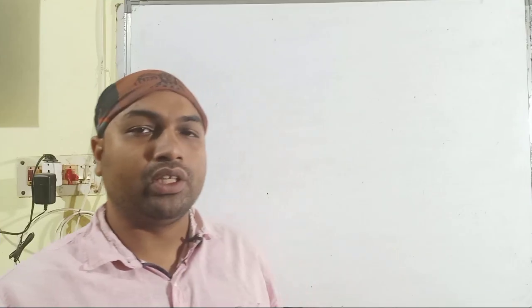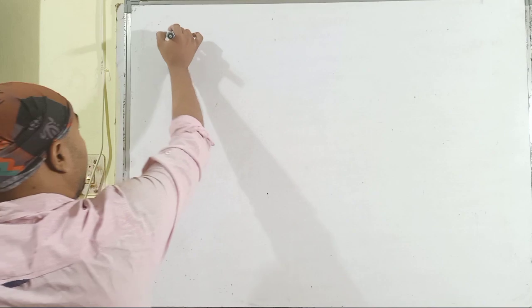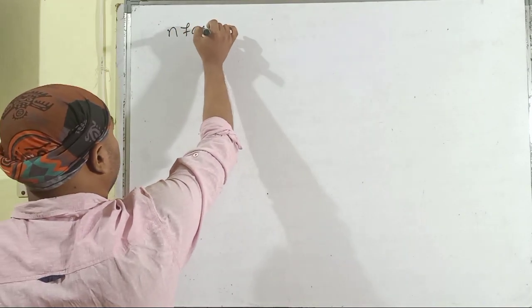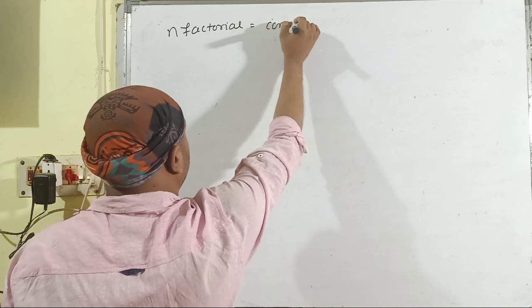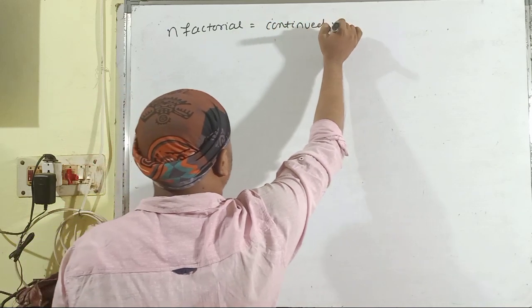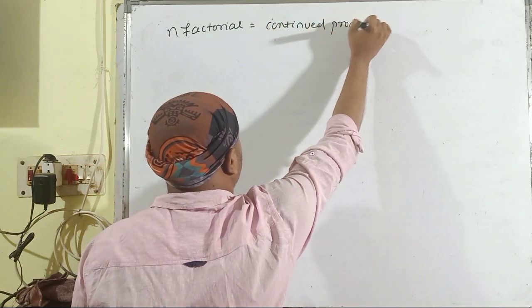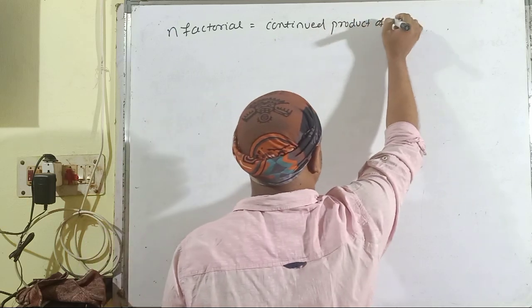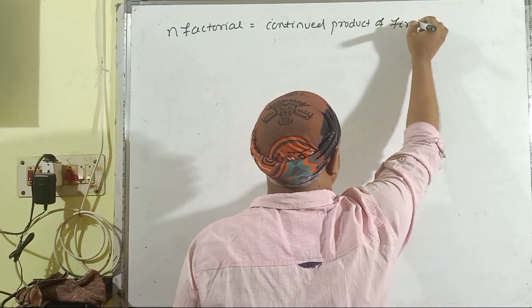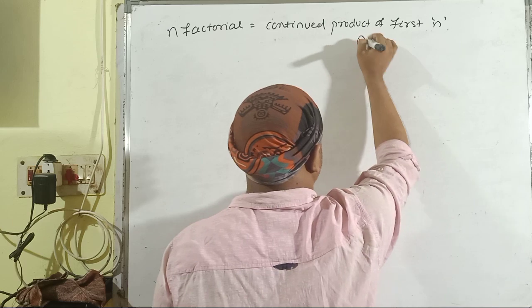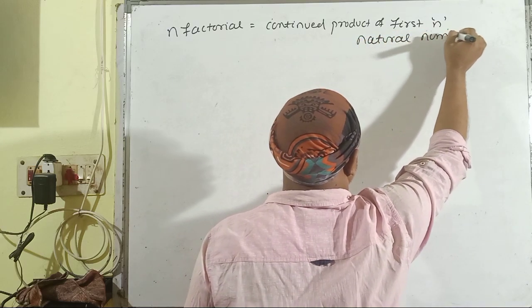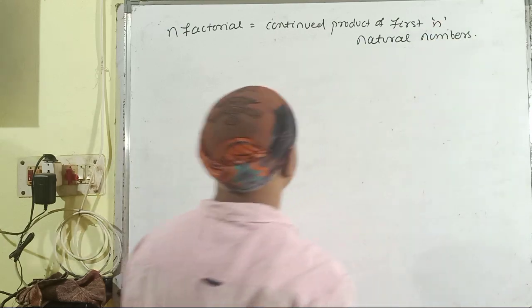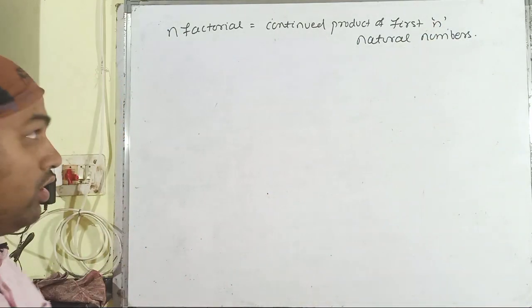As we have already discussed, n factorial means the continued product of the first n natural numbers.